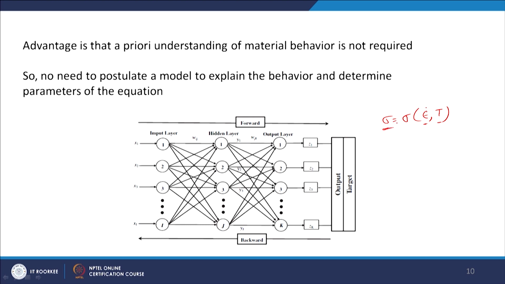So, basically your ANN model will be trained with the data which you have initially, and what ANN does in between is it fits a lot of polynomial equations to your data, and from there it tries to minimize the error, so that it gets a curve which can be used to predict the flow stress for any other condition.